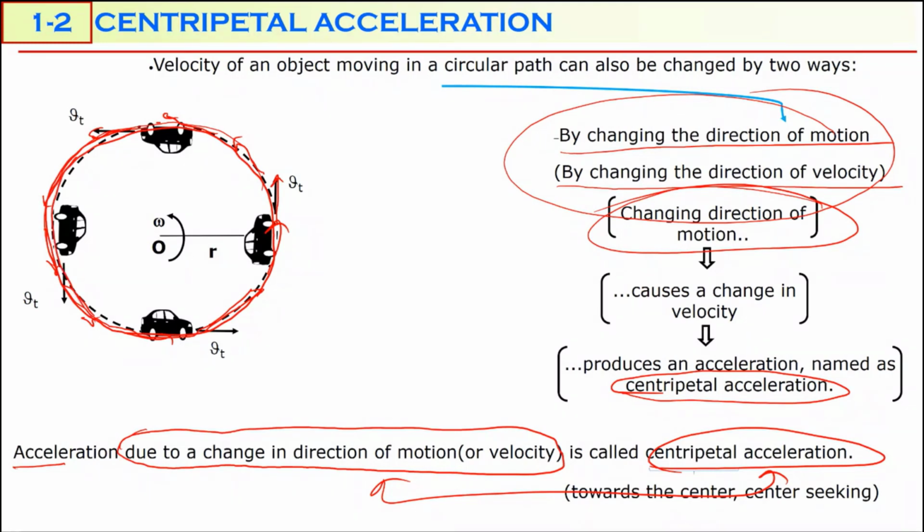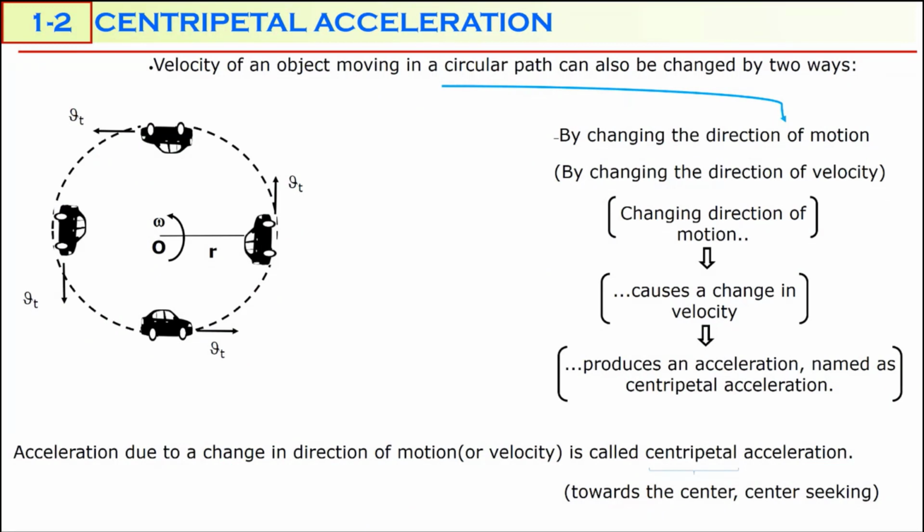Because of this change in direction of the motion, the car also gains an acceleration which is called centripetal acceleration. Centripetal means towards the center or center seeking, which means this acceleration must have a direction, and its direction will be towards the center of the circular path.